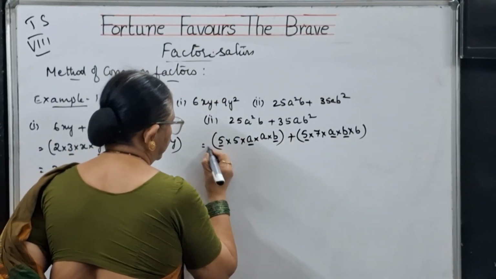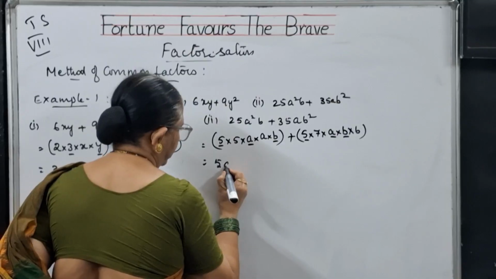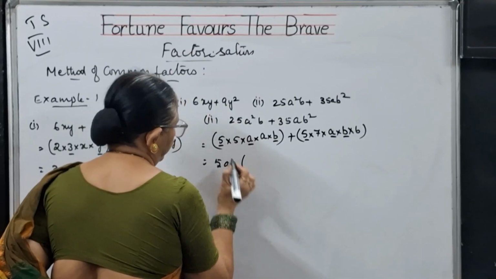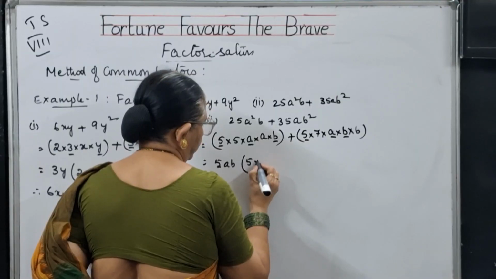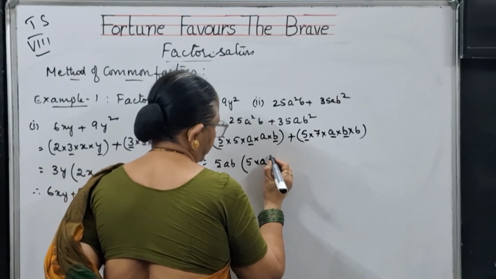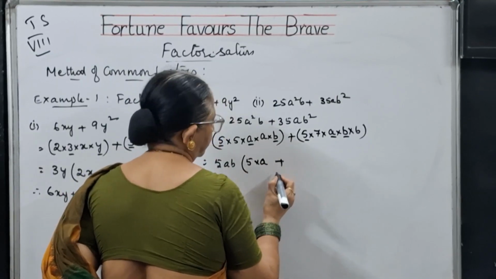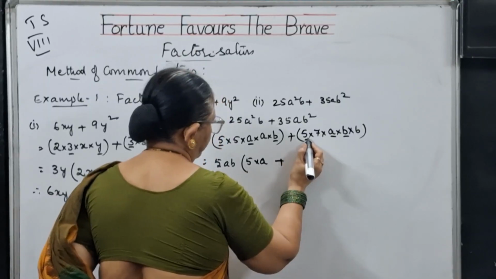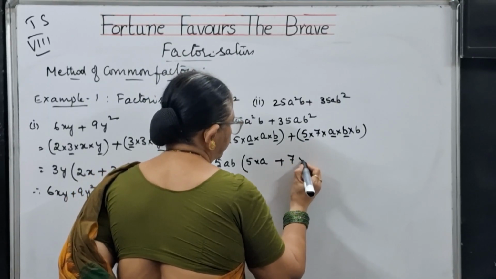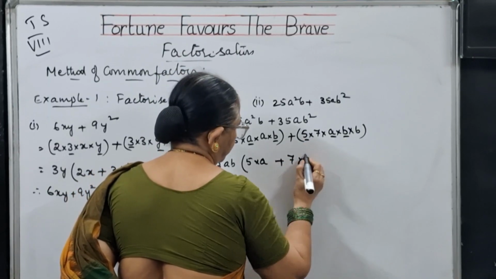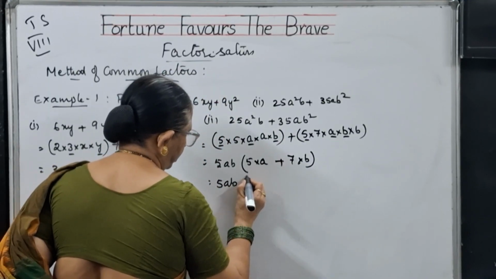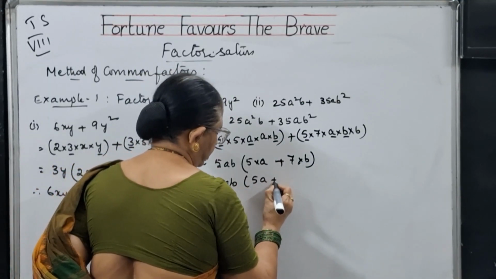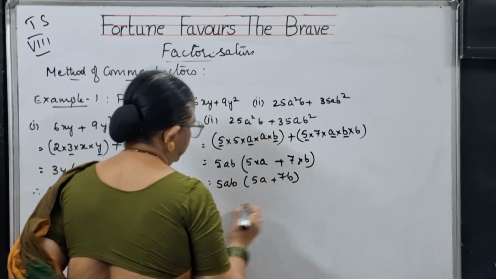So what we are getting? 5ab is common, into, this is taken out, this 5 is left behind into a, plus here 5 is taken out, so 7 into a and b have gone out, into b. That means 5ab into 5a plus 7b.